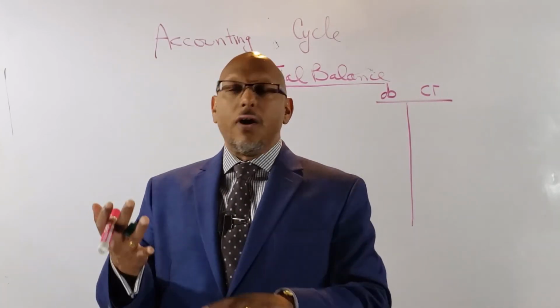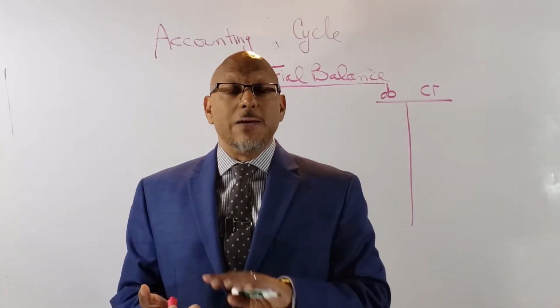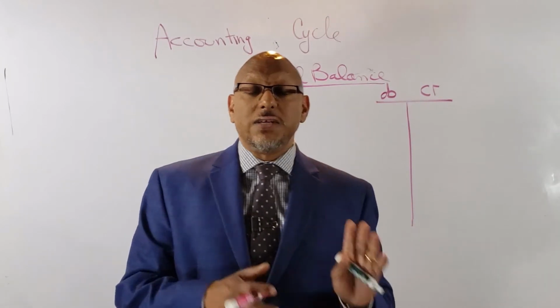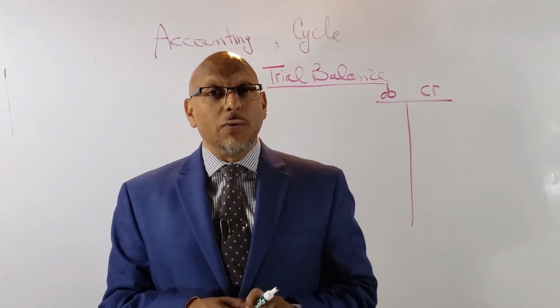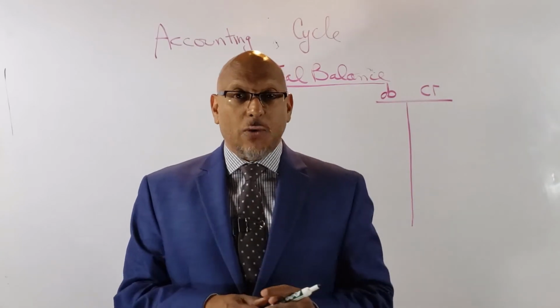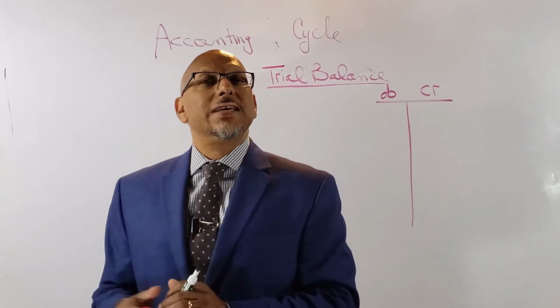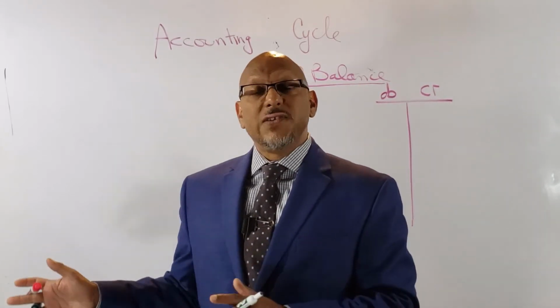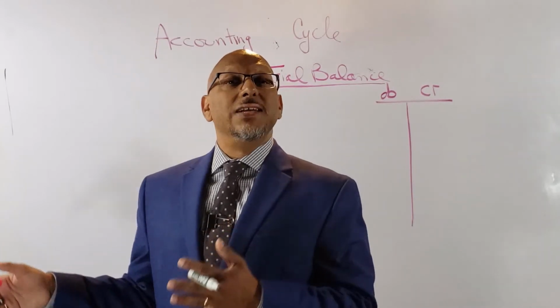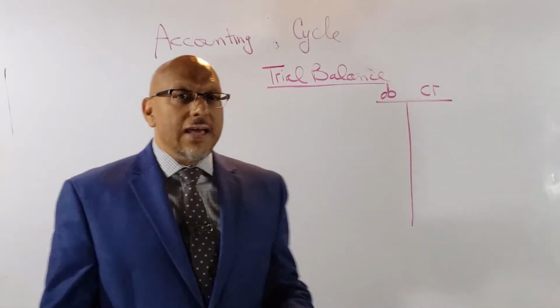The four are balance sheet, income statement, statement of owner's equity, or statement of stockholder equity, and the fourth one is the cash flow statement. Again, the cash flow statement we will get into at the end of class, and it uses a lot of this information.